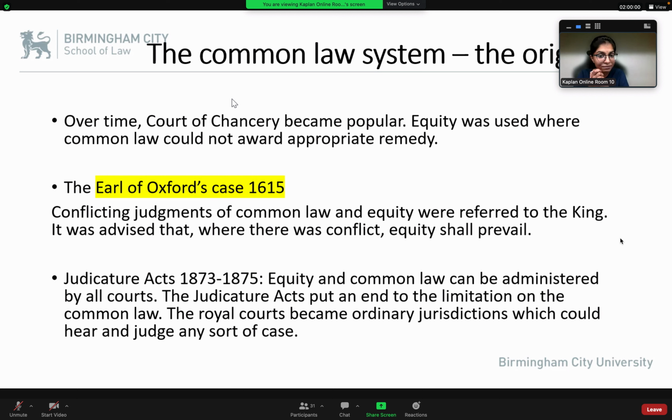Not only that, it became a very powerful position, the Lord Chancellor.